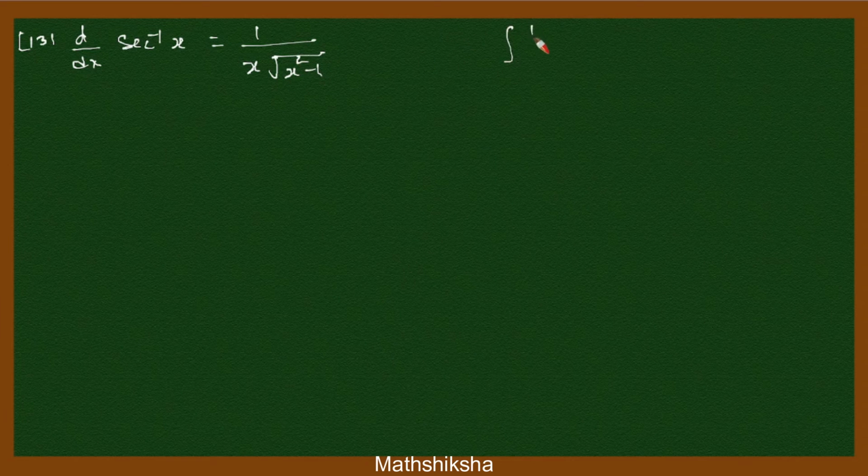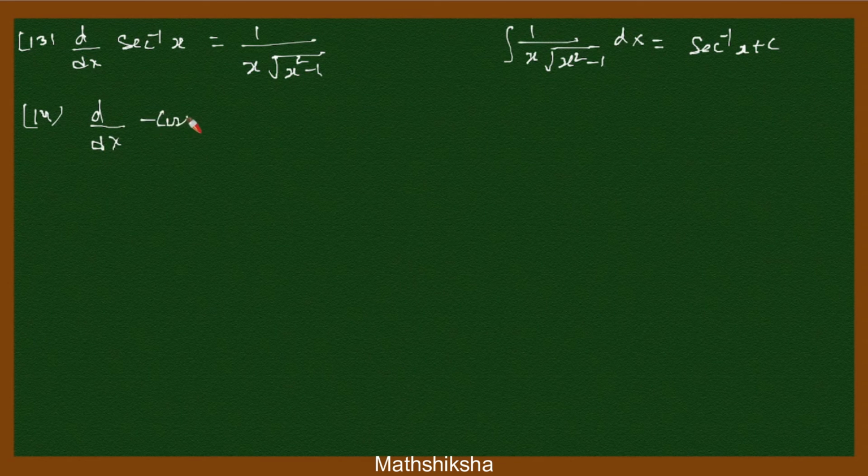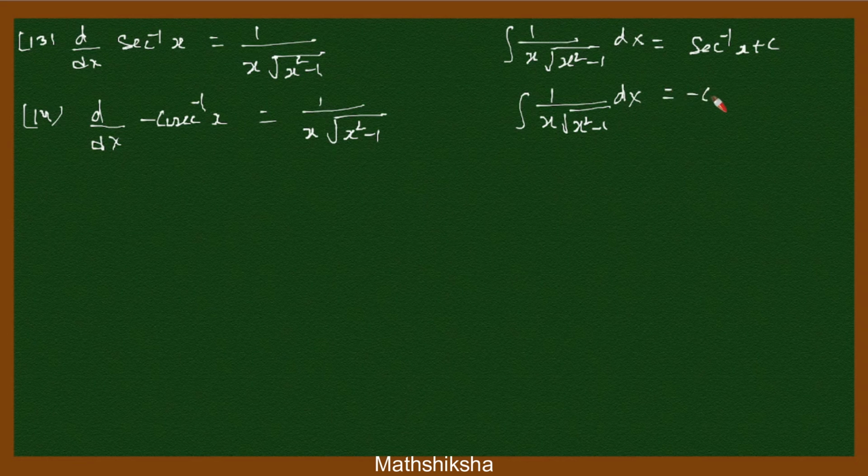So we can say integral of 1 upon x root x square minus 1 dx is sec inverse x plus c. अब माइनस कॉसेक इनवर्स x का भी यही डेरिवेटिव होगा, d by dx ऑफ माइनस कॉसेक इनवर्स x, कॉसेक इनवर्स x लिखता तो इसका माइनस हो जाता 1 अपॉन दिस, तो आई कैन से 1 अपॉन x रूट x स्क्वायर माइनस 1 का इंटीग्रेशन विद रेस्पेक्ट टू x इज माइनस cosec inverse x plus c also.